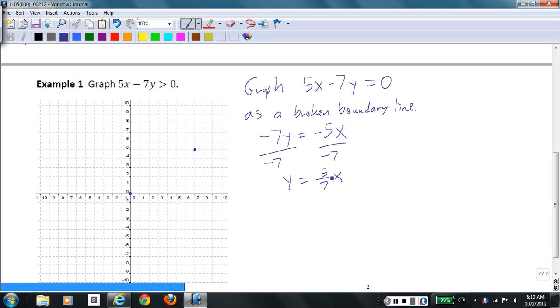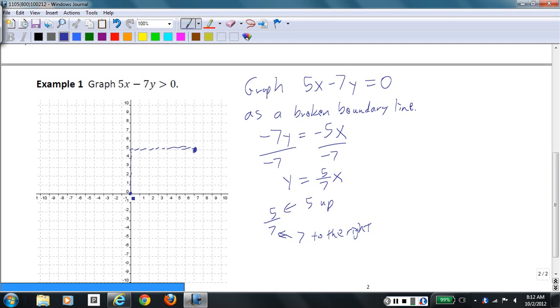So when we're doing the rise over run thing, we know that we go 5 up, 7 over. That would be 5 up, and then 7 to the right. So we can go 5 up, 7 to the right, and that takes us to that point.